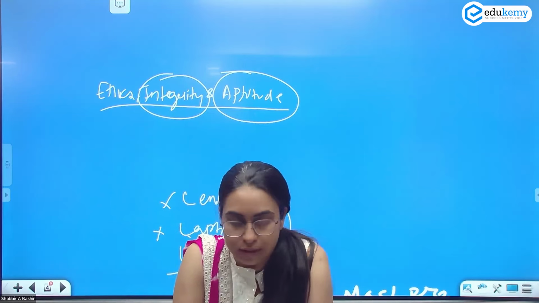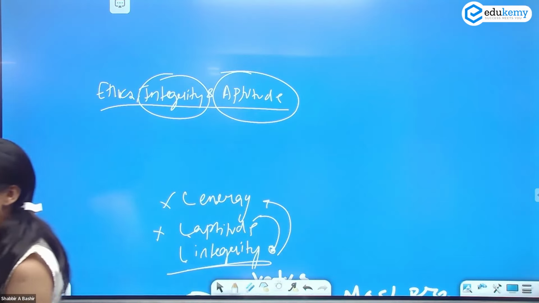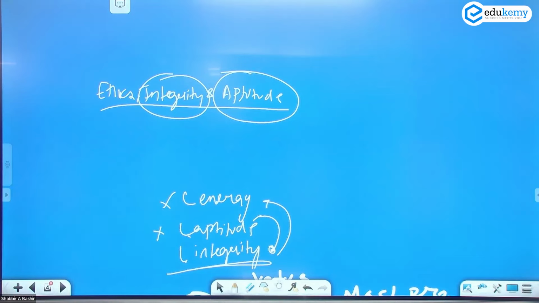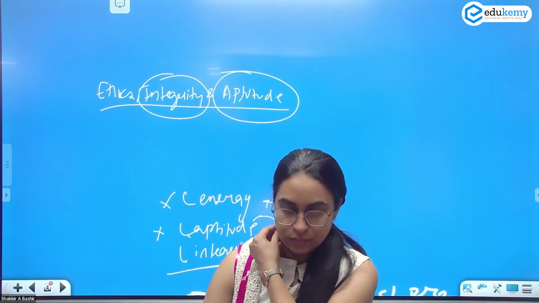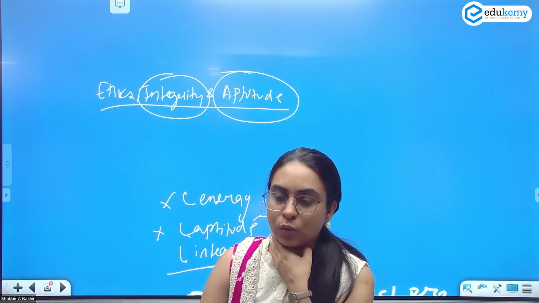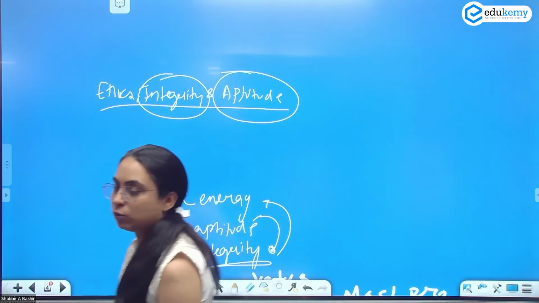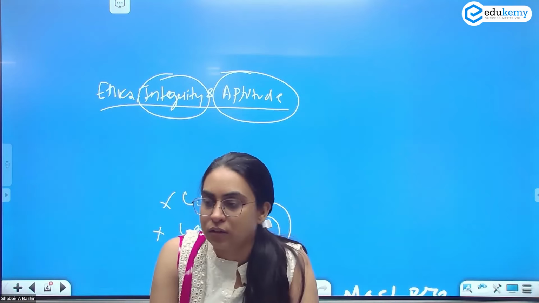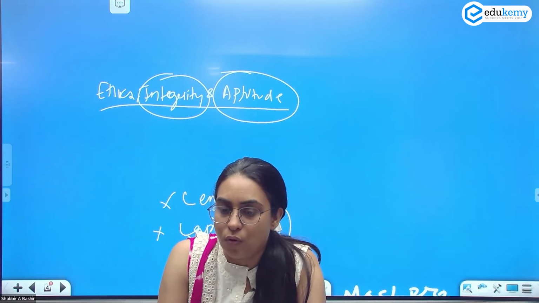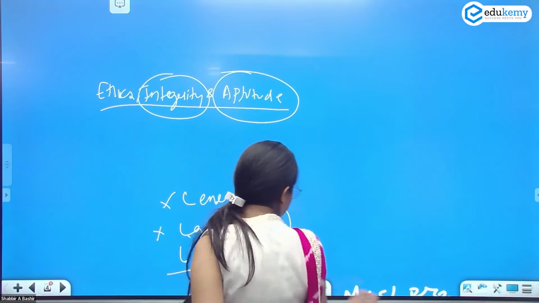Ethics refers to a prescriptive code of conduct with respect to the righteousness, with respect to the rightness and wrongness of an act. ठीक है, I'll just read out the definition for you.